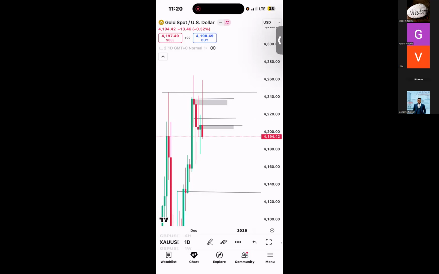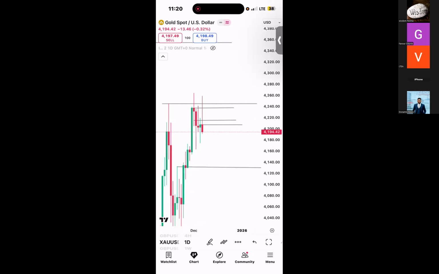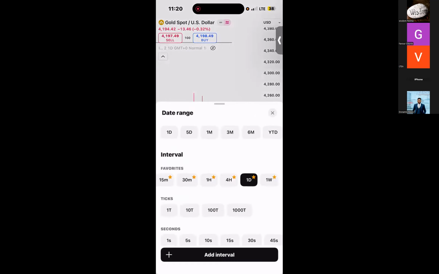That is why I'm asking you guys, is there an order block here? Is there a fair value gap here? That is the reason why you start your analysis from the higher time frame. Because in the lower time frame, you might have like 10 other blocks, fair value gaps. But is it really aligning with the higher time frame point of interest? That is the thing.